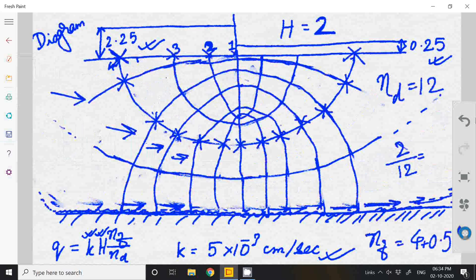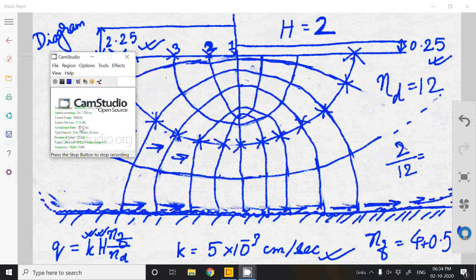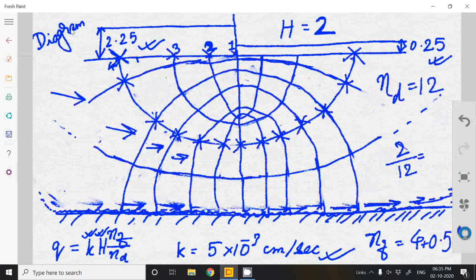Just find it out. 2 divided by 12 will be somewhere around 0.16 or 0.17. Actually it is around 0.1666 something like that.